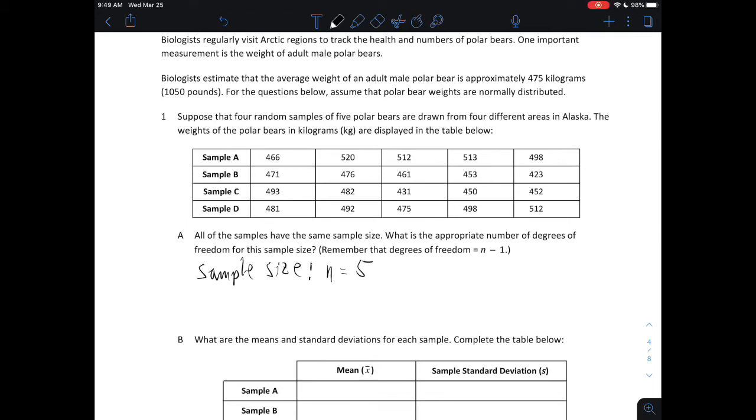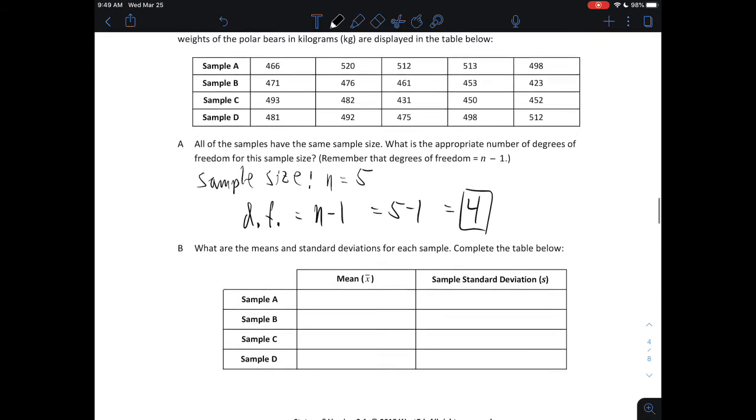So then degrees of freedom, df, would be n minus 1, which is 5 minus 1, which is 4. So that's how many degrees of freedom would be appropriate for that sample size.